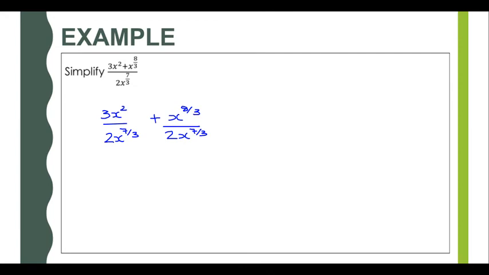If we look at the first term, we can simplify that to 3 over 2 and then use our rule for dividing by powers, which gives us a power of 2 take away 7 over 3. And again, we can simplify the second fraction, again using our divide law.